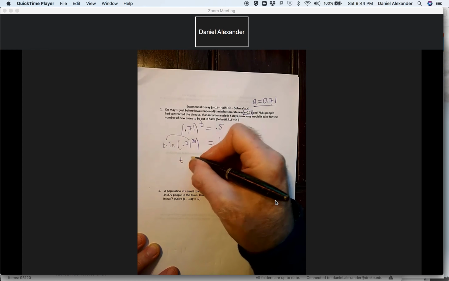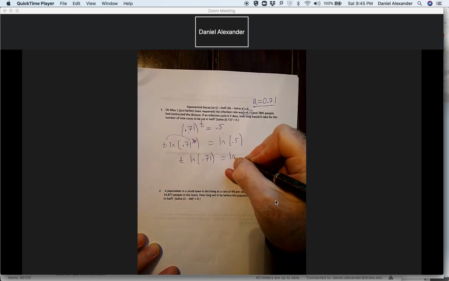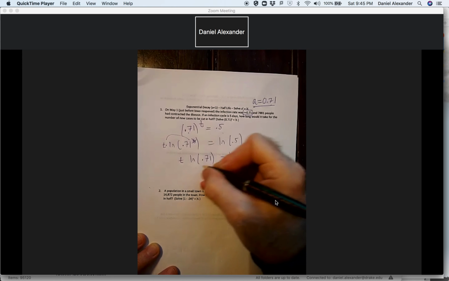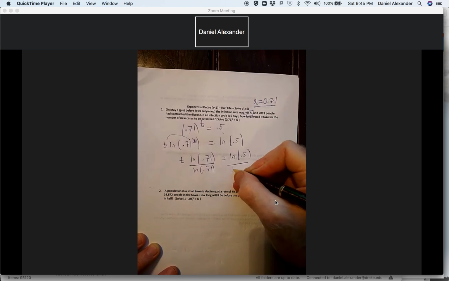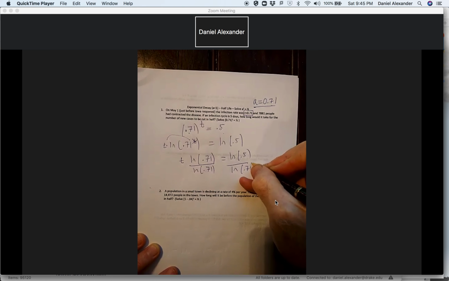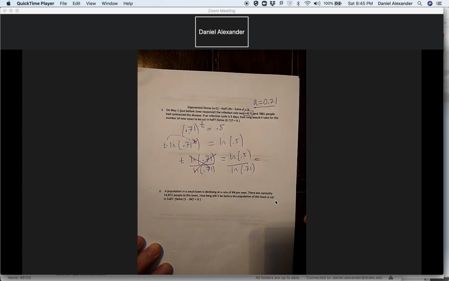So I get t natural log 0.71 equals natural log 0.5. Divide both sides by log 0.71. And that's my t. I do the calculations, and I got 2.02 cycles.